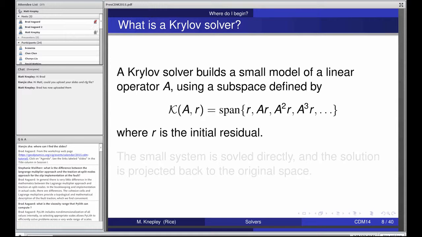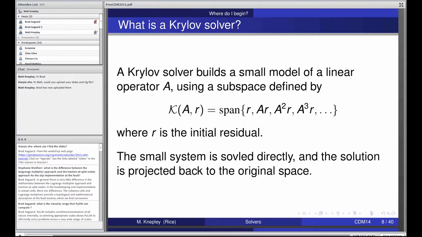So you form that set of vectors, and then you project A down into a tiny problem that's only present in that small subspace spanned by those vectors. Then you solve that problem, with Gaussian elimination or other methods that are guaranteed to work because it's so tiny. Then you project back into the full space, and that's some approximate solution. The reason this is an iterative method is you can keep making additional vectors to get closer to the solution.